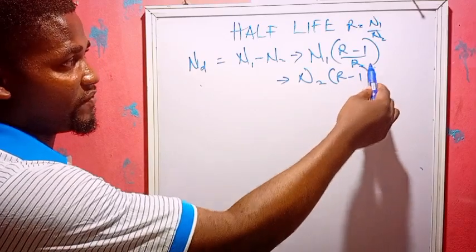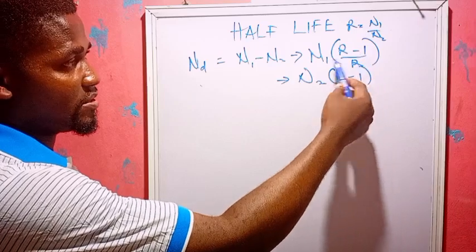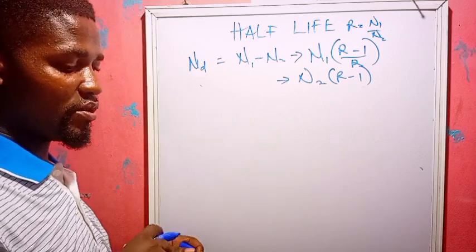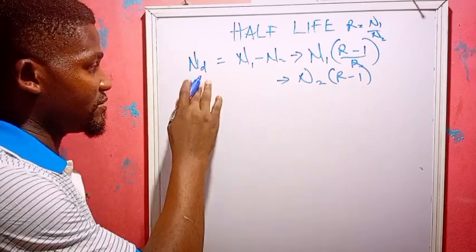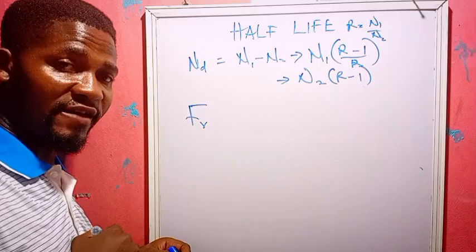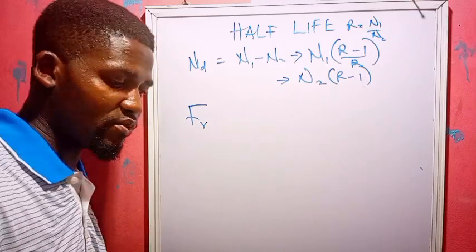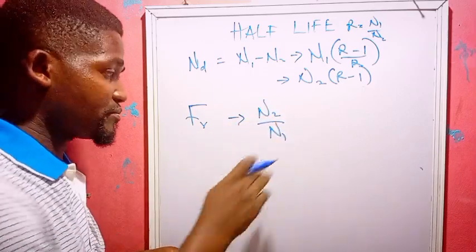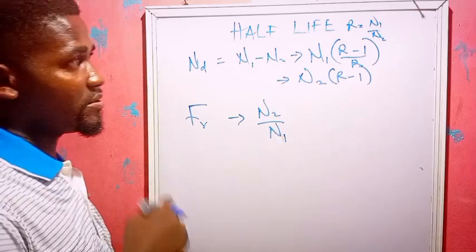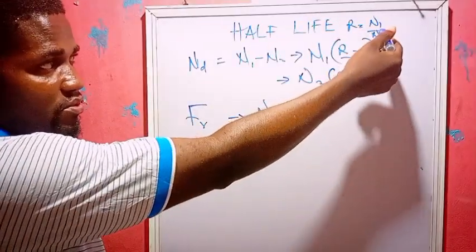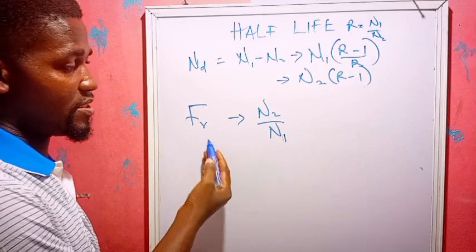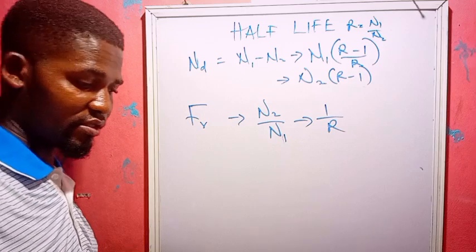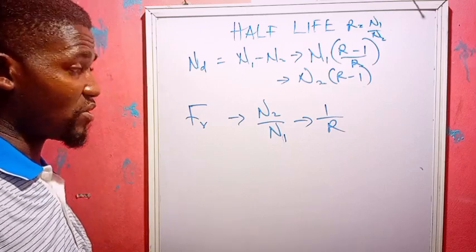If we have N1 over N2 here, this can easily cancel out and we have N2 into bracket R minus 1. Then we go over to fraction remaining, FR. After decay, what fraction remains? Fraction remaining is N2 over N1. Remember, R is equal to N1 over N2, so fraction remaining N2 over N1 is also equal to 1 over R. That is the fraction remaining that is undecayed.